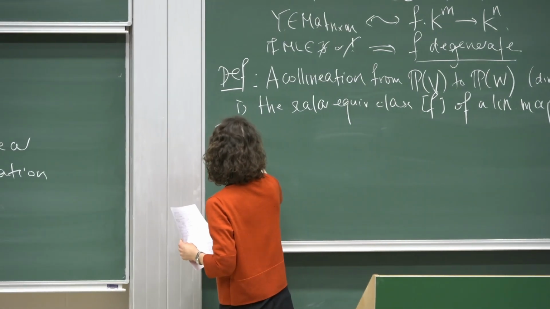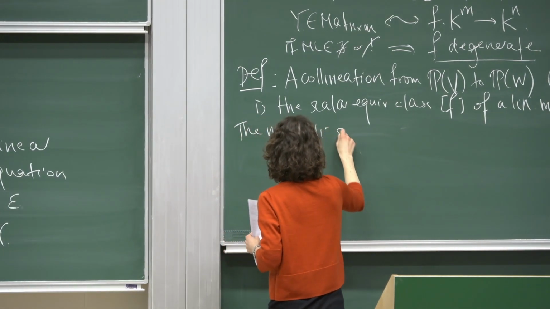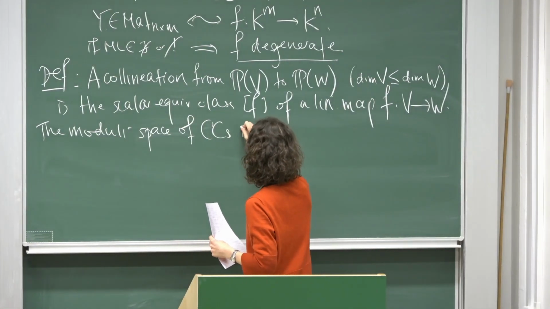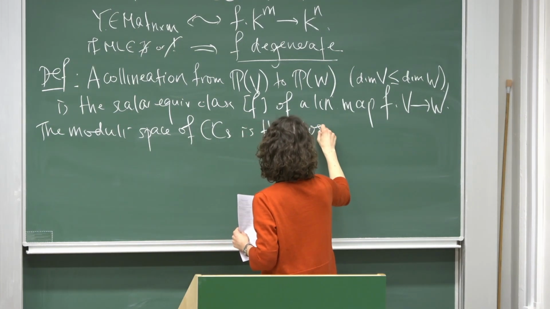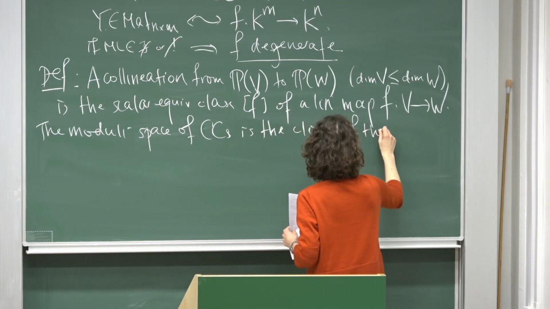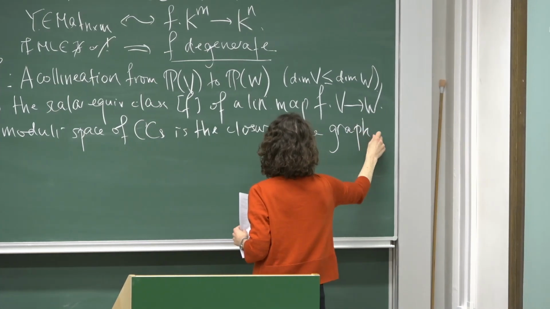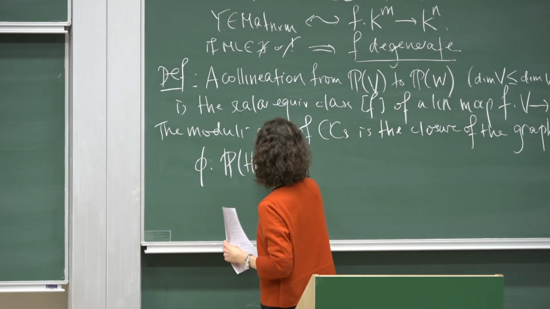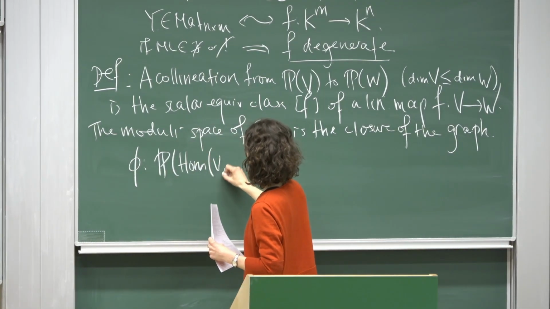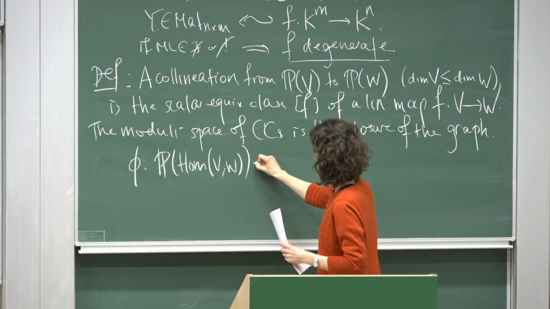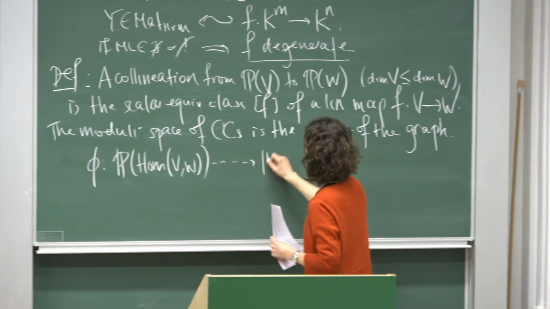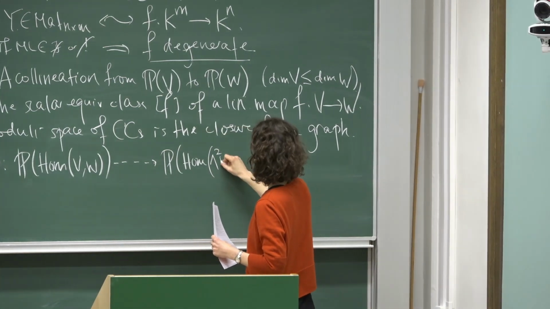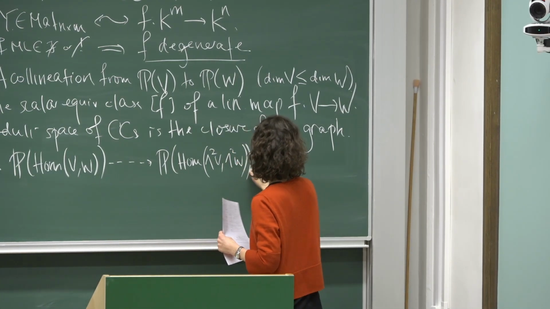So the moduli space of complete collineations from P(V) to P(W) is the closure of the graph of a rational map phi. I take my space of collineations, which I can parameterize as the projectivized Hom from V to W, and I have a rational map to the projectivized Hom from the second exterior power of V to the second exterior power of W, and so on.